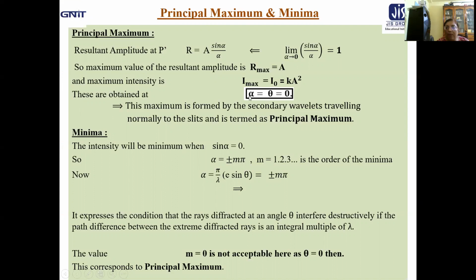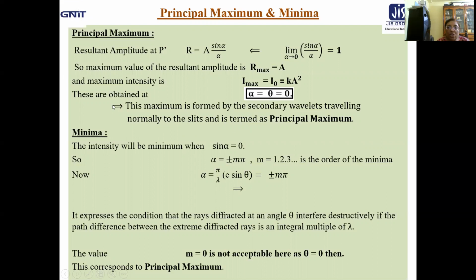So alpha equal to theta equal to 0 is the limit where you are getting this maximum intensity. Now theta equal to 0 means you are talking about the point P, so this maximum is formed by the secondary wavelets traveling normally to the slit. That means directly opposite to the slit, and it is termed as principal maximum.